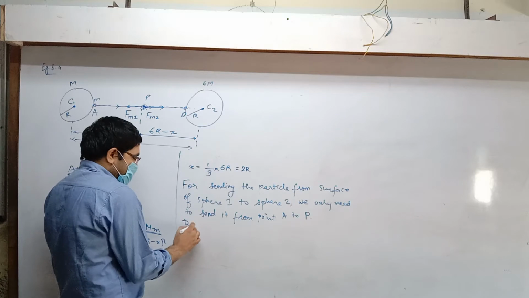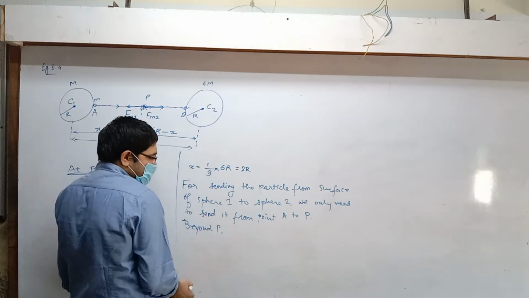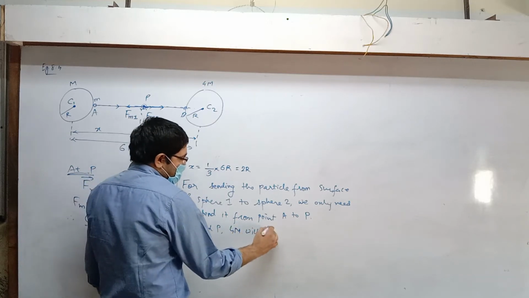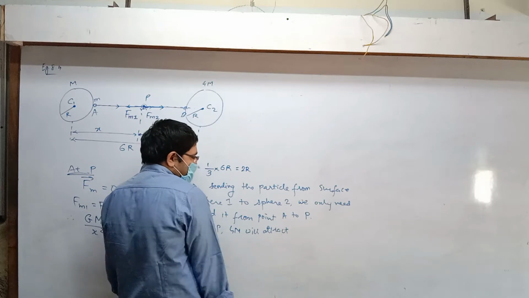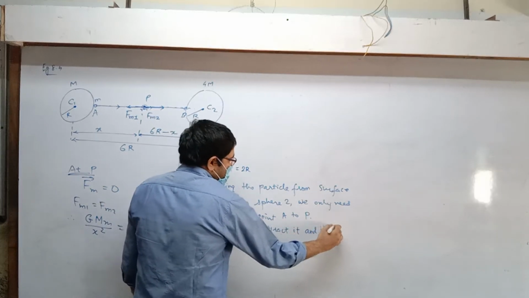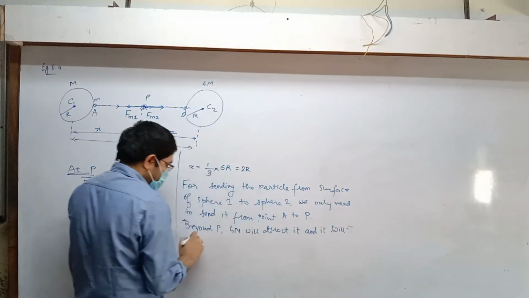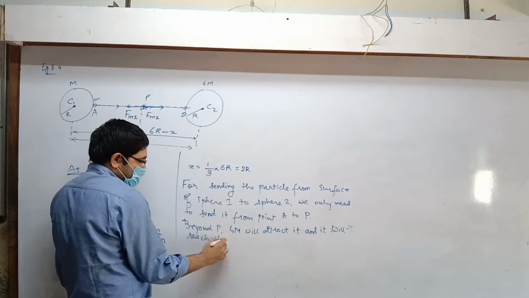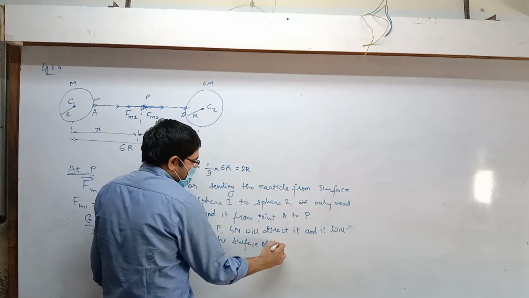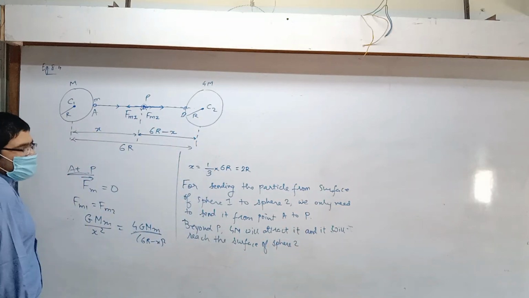So you can write that after P, 4M will attract it, that is sphere 2, and it will reach the surface of sphere 2.